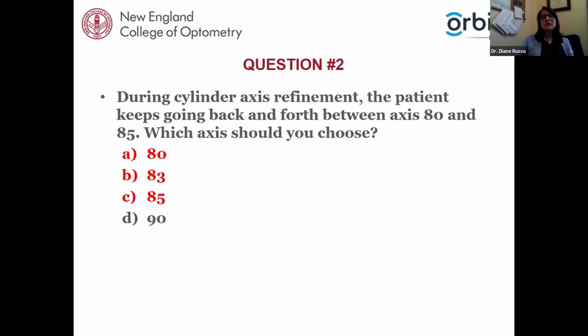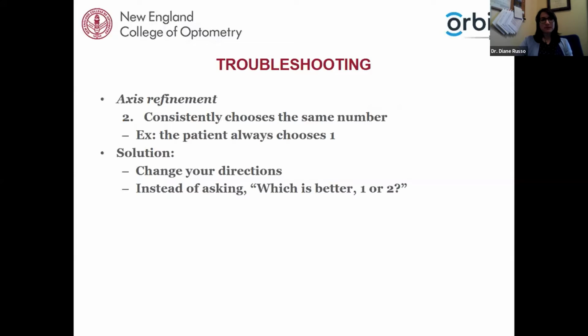So you could have chosen any of these. You could have put it at 80, 83, or 85. Really, the only option here that doesn't quite make sense is to put it at 90. Clearly, the patient is preferring between 80 and 85, so to put it at 90 would not make sense. But to put it at 80, 83, or 85 are all possible options.